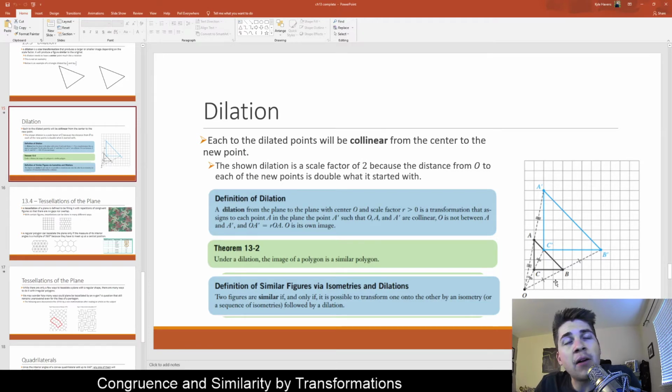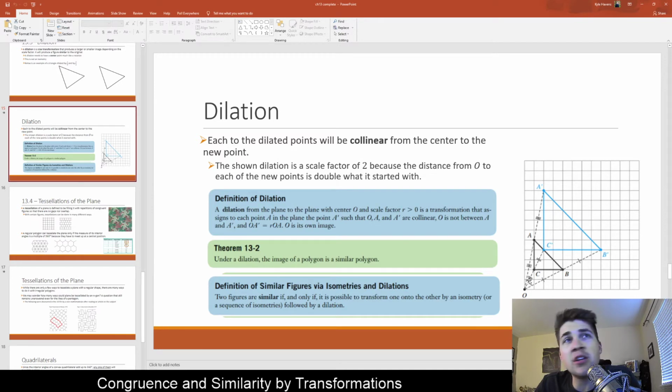And another key about a construction, if you were to do a construction of a dilation using just a compass and no rulers, no grids, no Cartesian coordinate system, the key is keeping each line from the original point to the center of the dilation to the new point collinear, meaning along the same line.